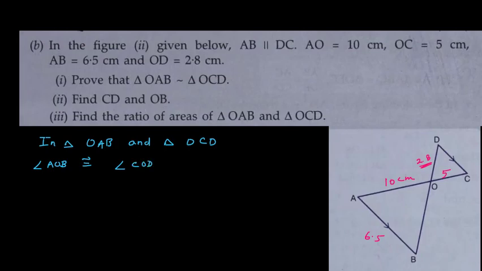Now what is the reason why they are equal? Instead of congruent we are using equal sign. So here I will say that angle AOB is equal to angle COD. Reason is they are vertically opposite angle, right?